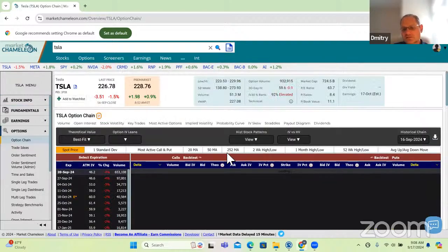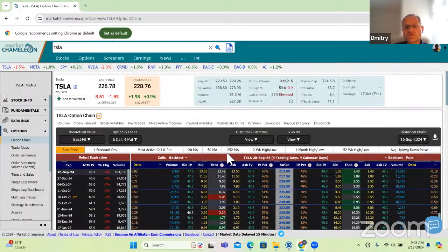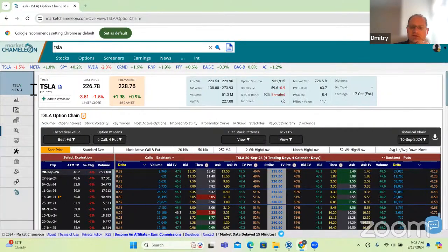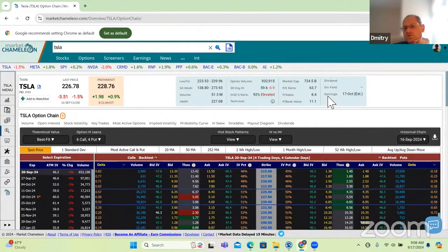And we could look at it at more granular levels. While I'm on the options chain, I'm going to close this left-hand side just to expand the screen.